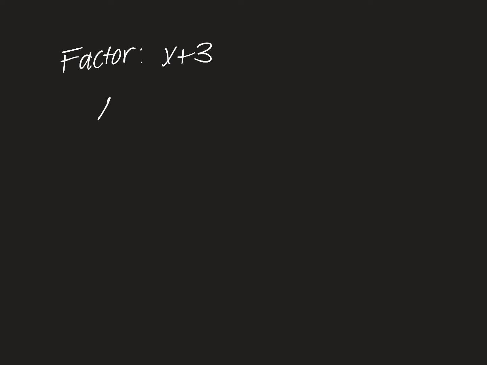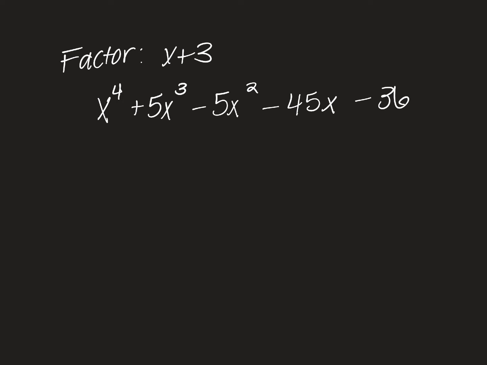And then we're going into x to the 4th plus 5x to the 3rd minus 5x squared minus 45x minus 36. So, what goes in my box? -3. All right, remember you change the sign. You change the sign from the factor to put it in the box.